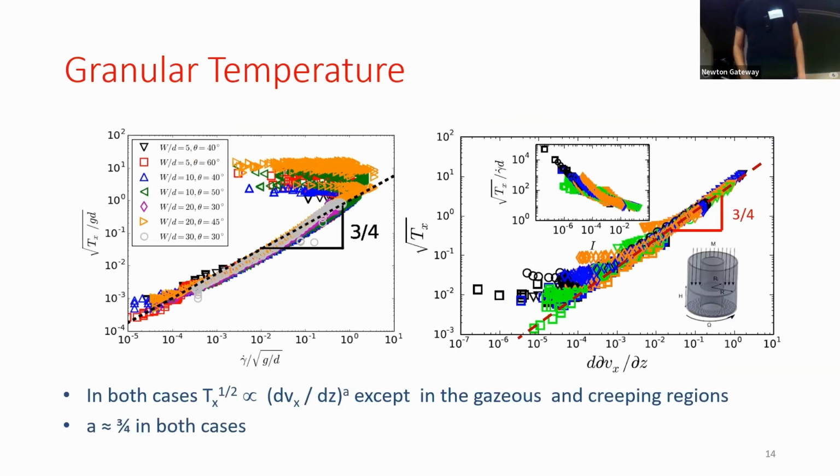We may see some deviation from the power law, especially for the chute flow system. But with a good approximation, we have a power law with a power 3/4 in both cases.